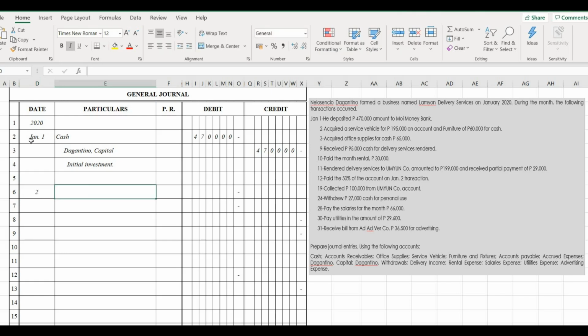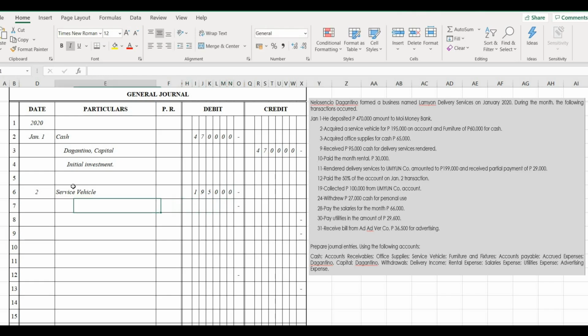Kasi ito naman nag-signify that this is still January 2. So, what are the affected accounts? So, first, you have the service vehicle. So, the amount is 195,000. So again, observe proper placement of the figures.